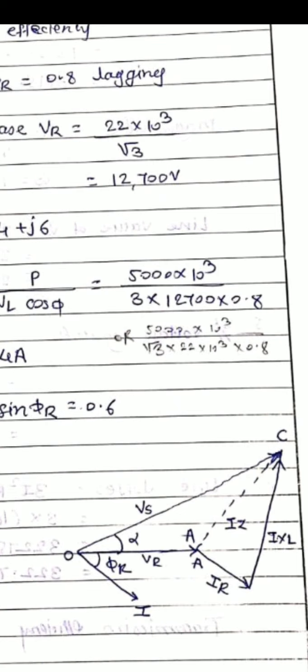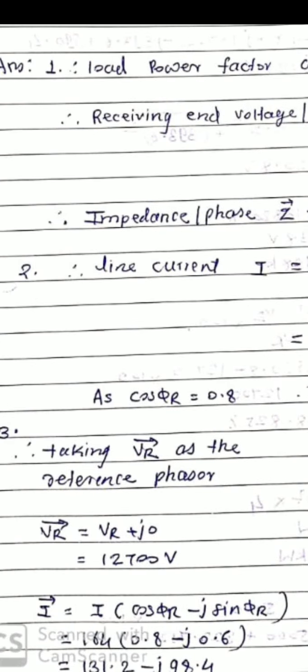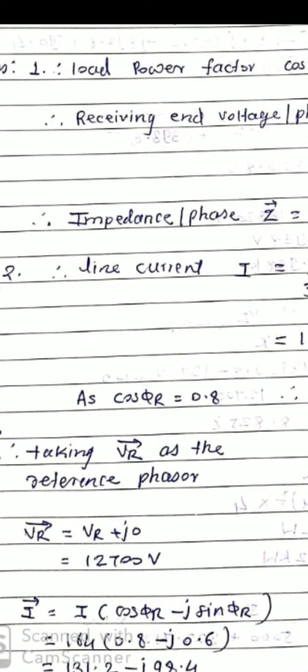We already derived this and use it here for solving the problem. Putting in the values, I is 164 into 0.8 minus j0.6, which gives 131.5 minus j98.4, approximately.